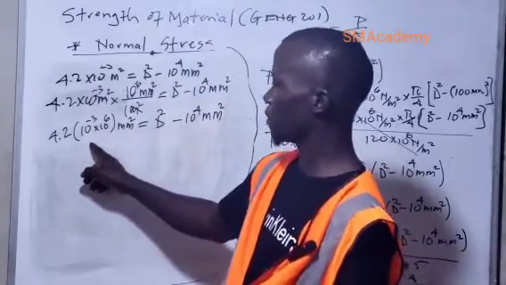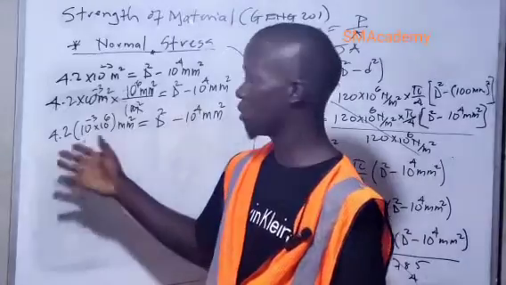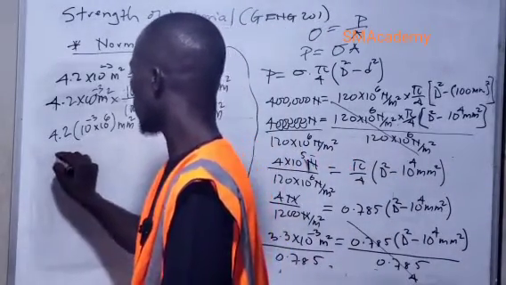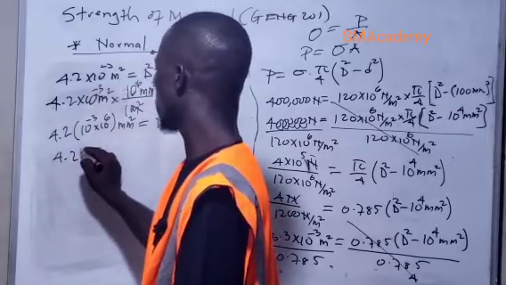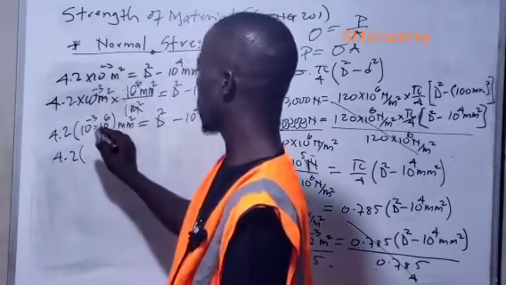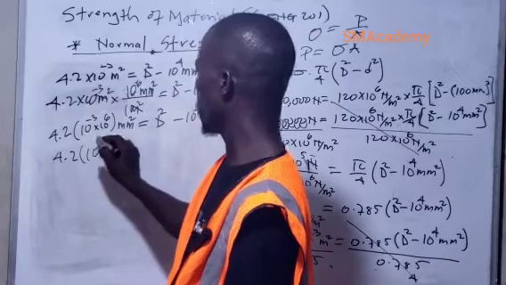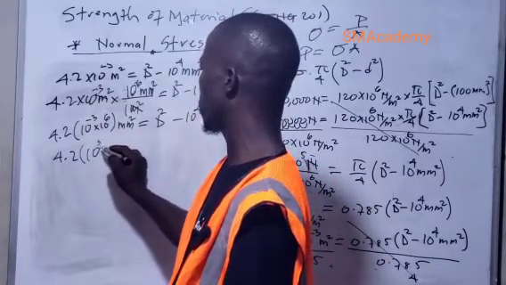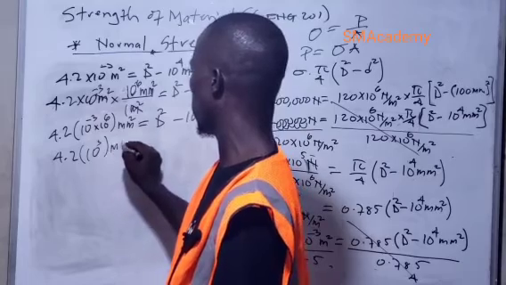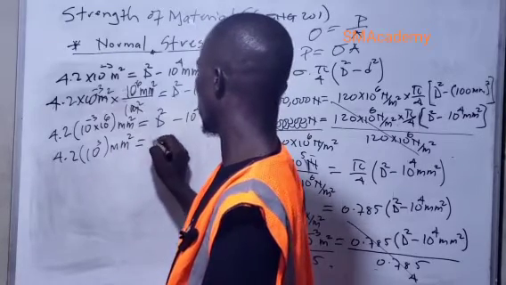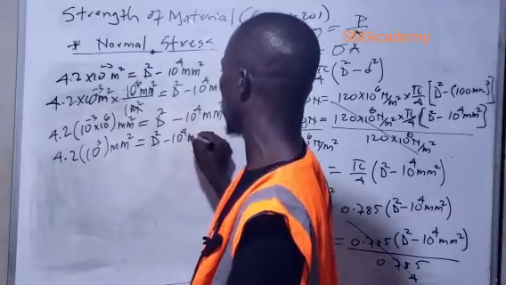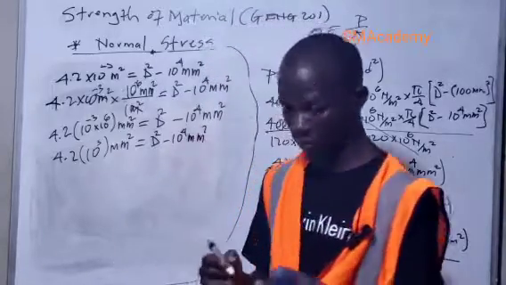So since the bases are the same, we take one, we add the power. So we get 4.2 parentheses open 10 raised to the minus 3 plus 6, it will give you 10 raised to the 3 power millimeter square is equal to the outer diameter square minus 10 raised to the 4 power millimeter all square.